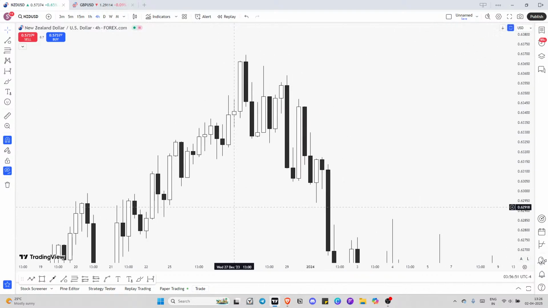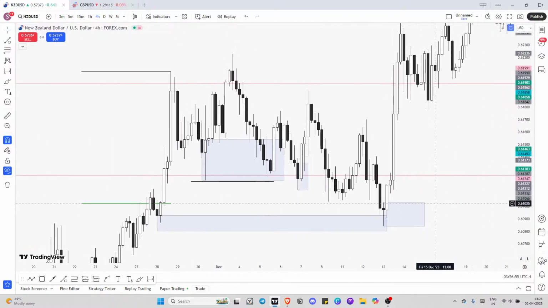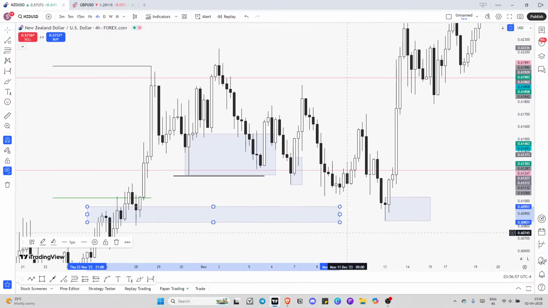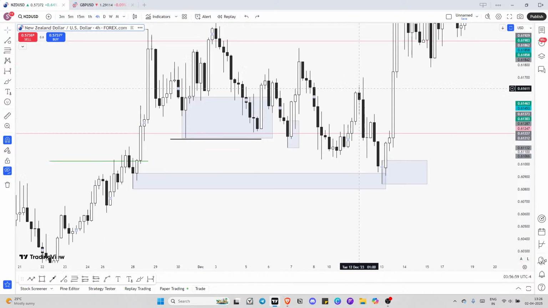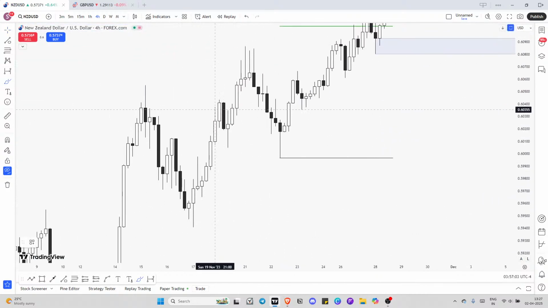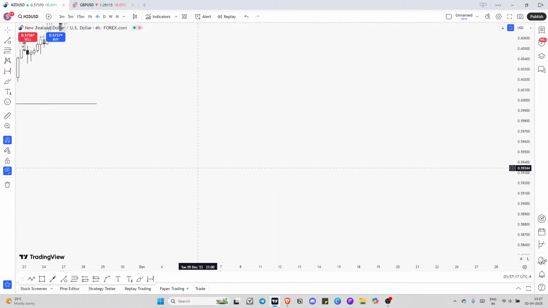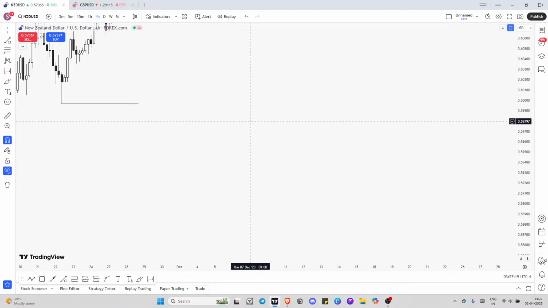Let me give another example again: one, one, two. The third candle swept the second candle's low, and broke above. So this becomes an inducement, alright? So I'll show you now this.